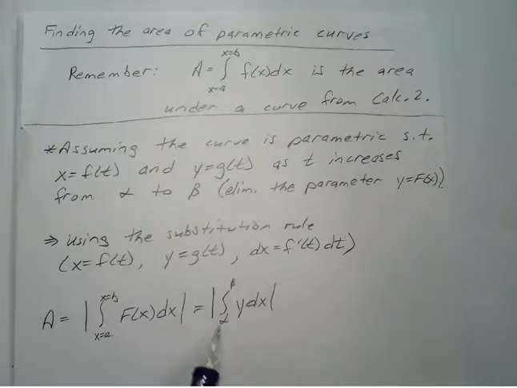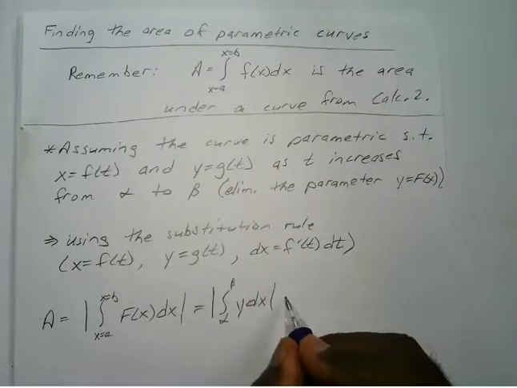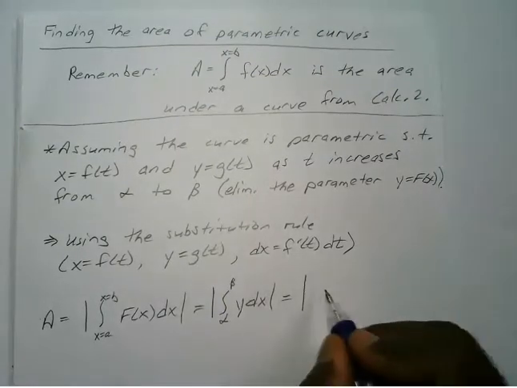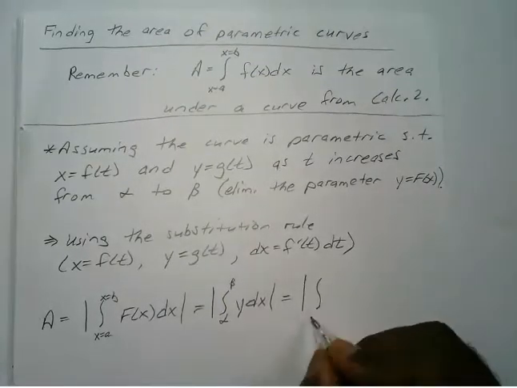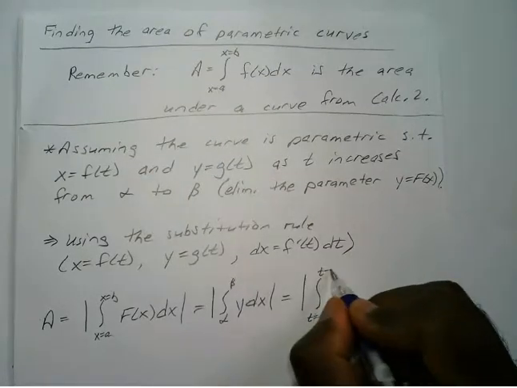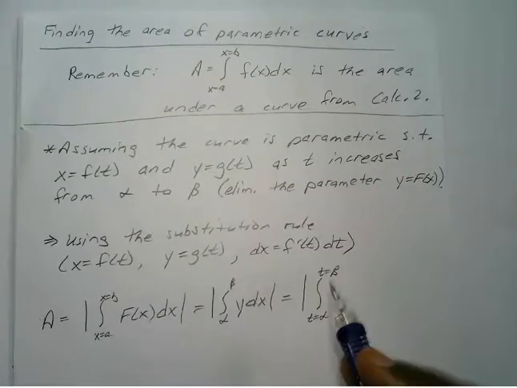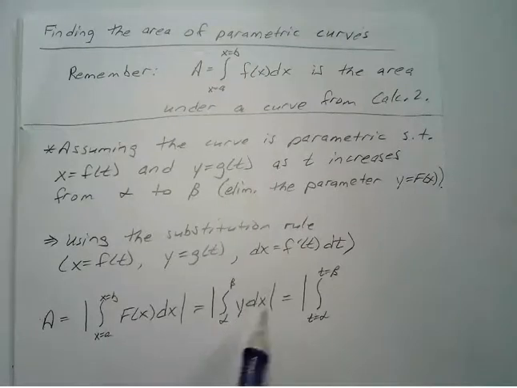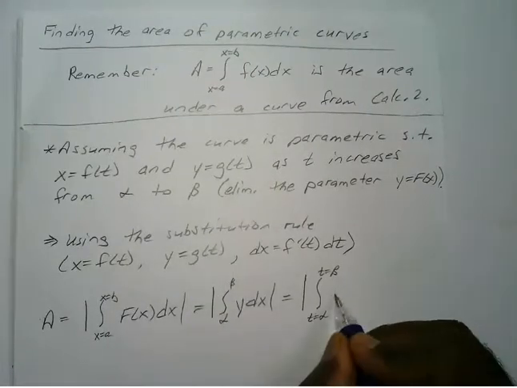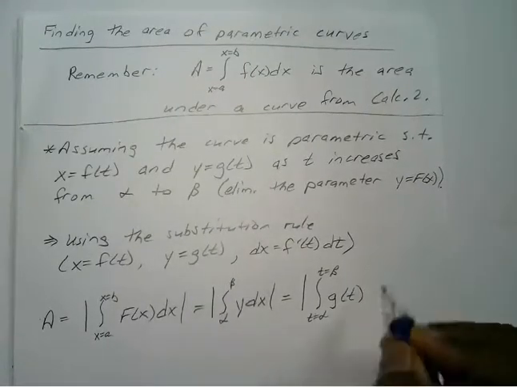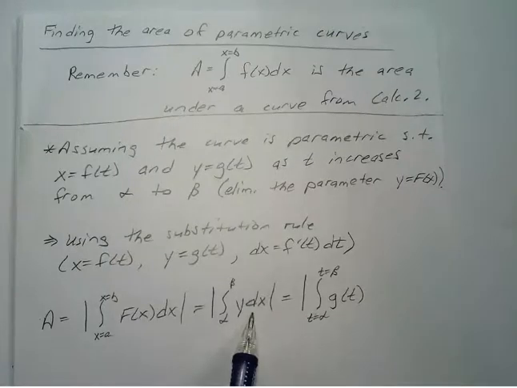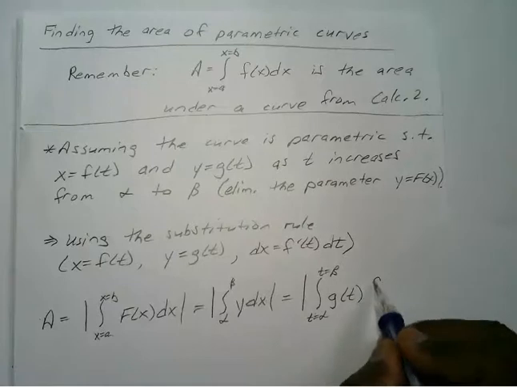Now since we're converting from alpha to beta, that's t equals alpha, t equals beta, and y, remember that's our g of t, and our dx, remember that's f prime of t dt.